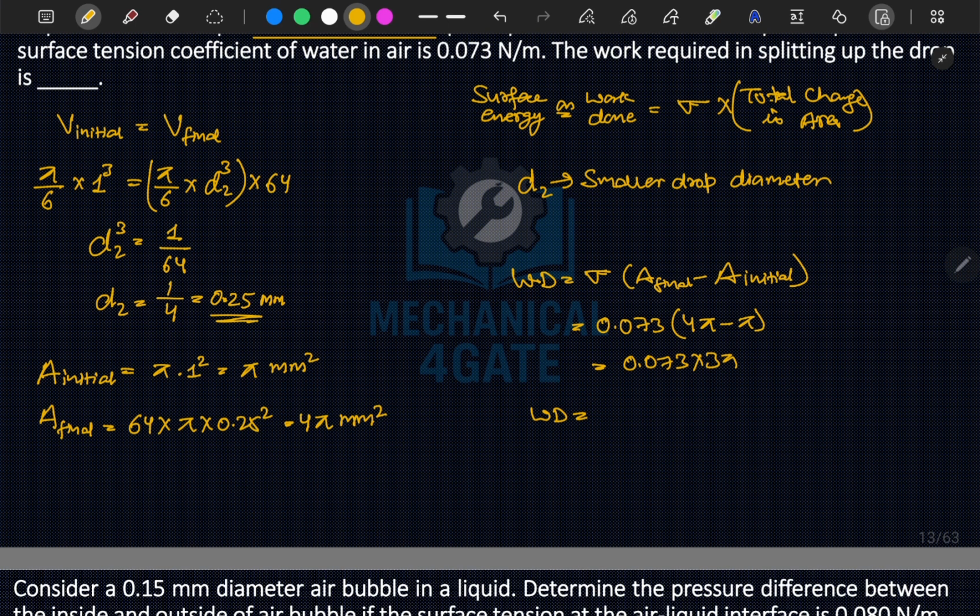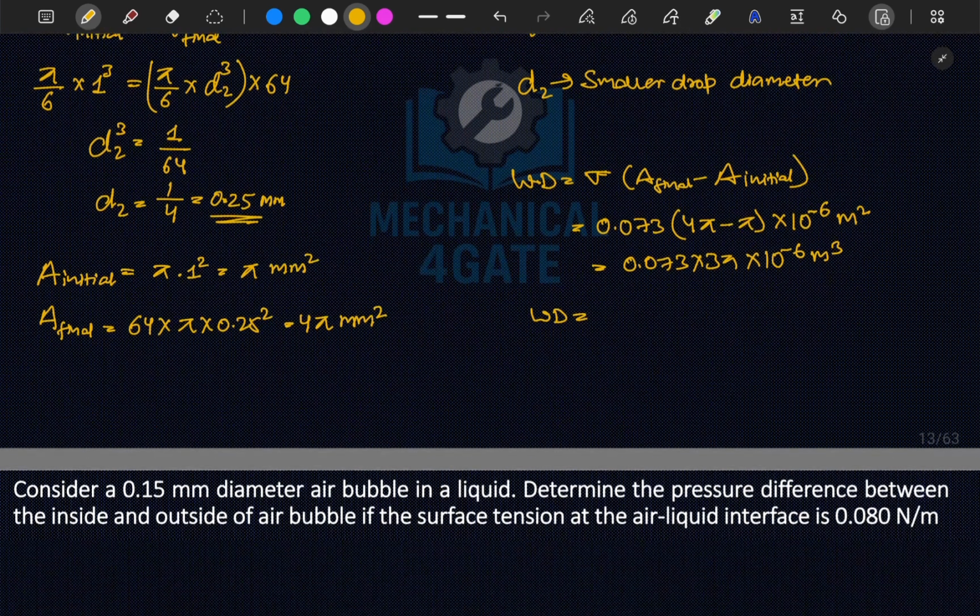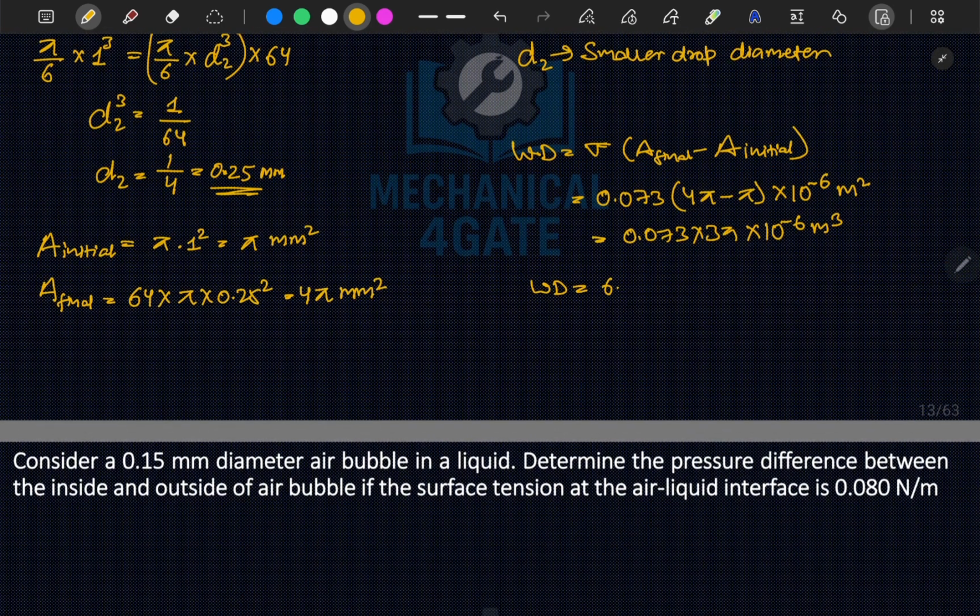In meters, the area is 4 pi minus pi into 10 to the power minus 6 meter square. So we get 6.88 into 10 to the power minus 7 joules.